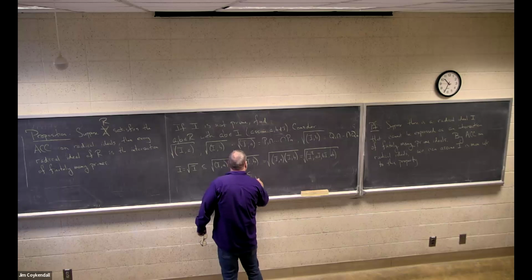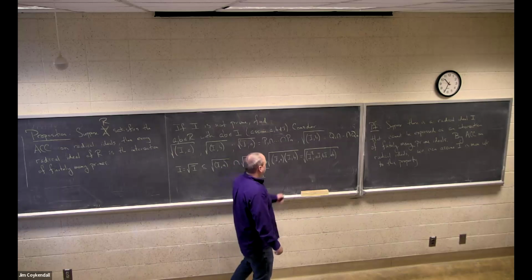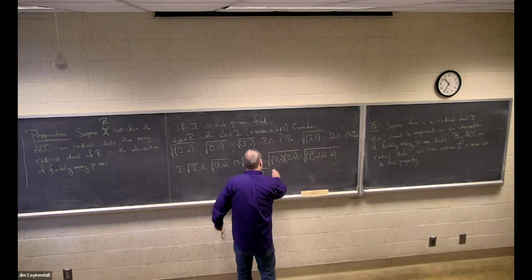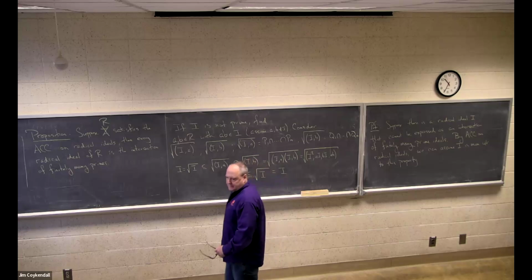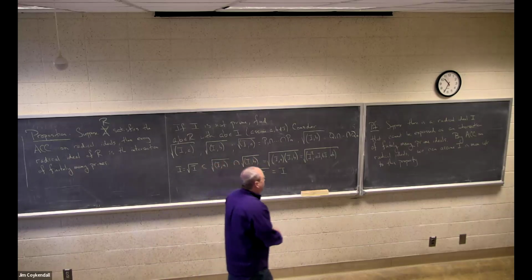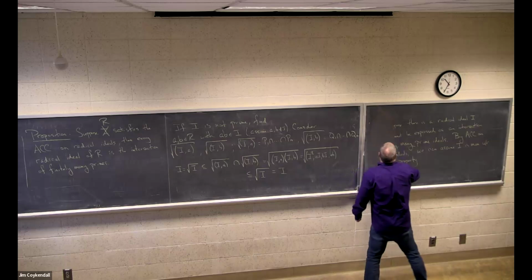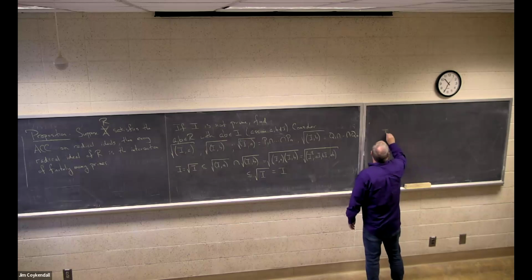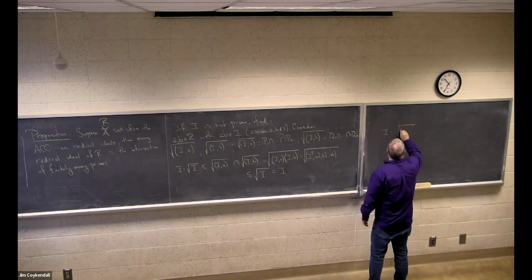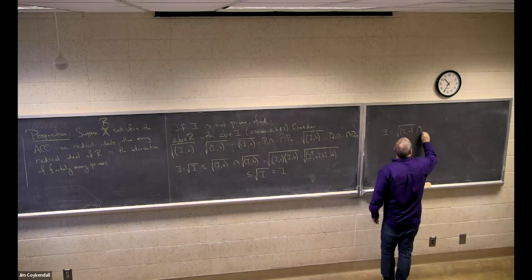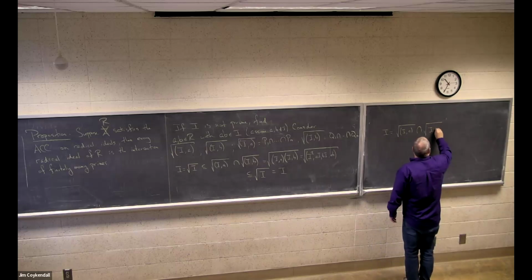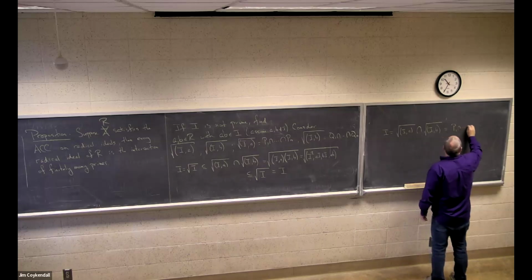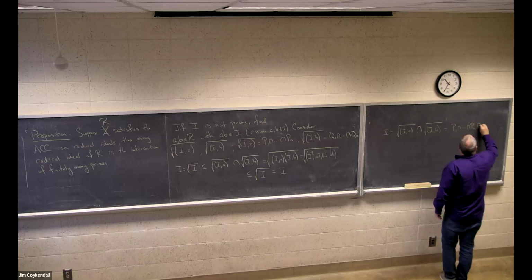Contained in I, because all this is contained in I, because AB is contained in I. Right? Which is I. So my conclusion is that I is equal to radical of I plus A, intersect radical of I plus B, which equals a finite intersection of primes.